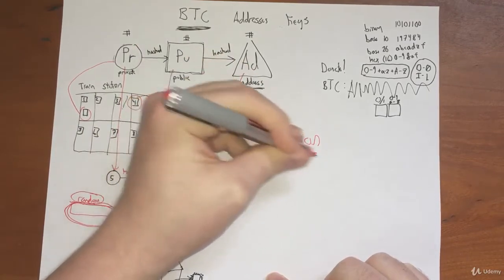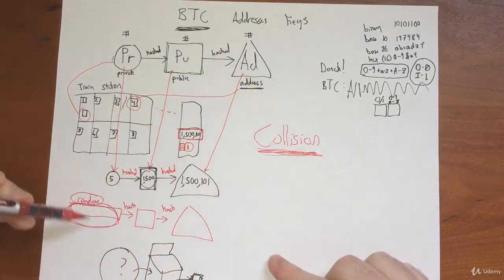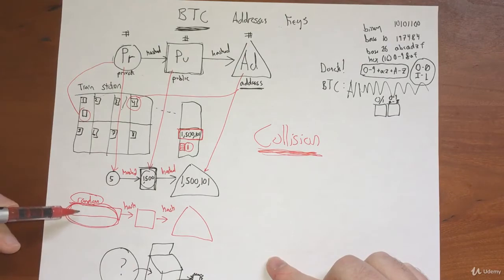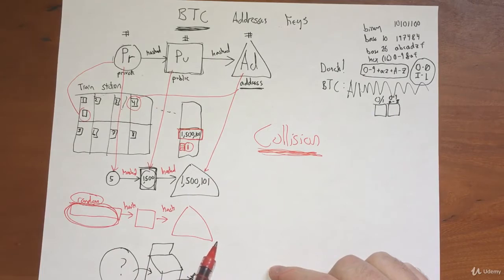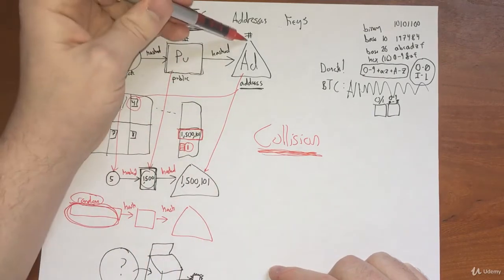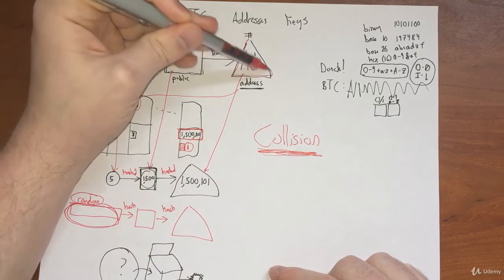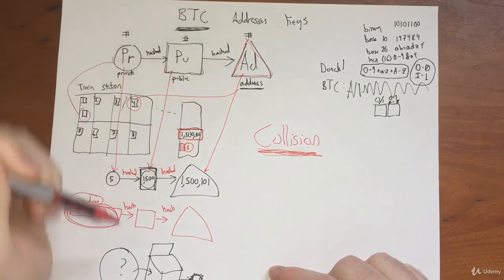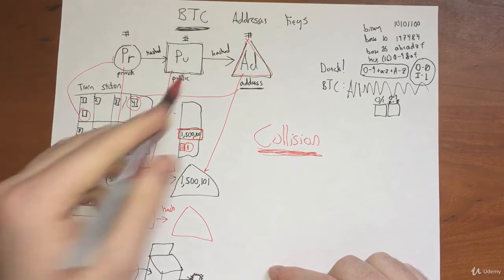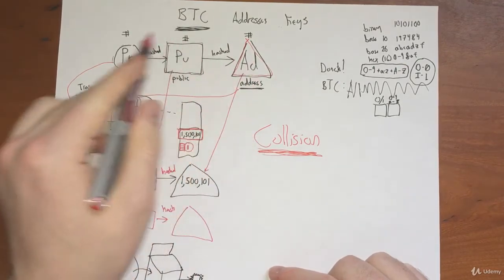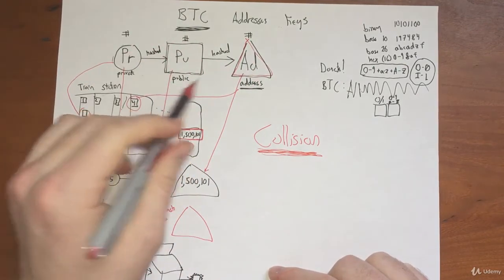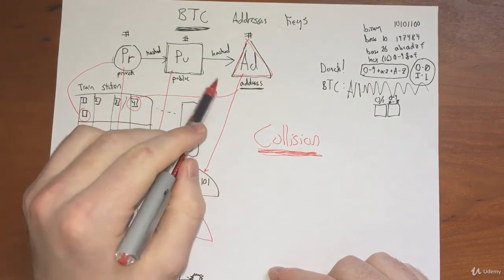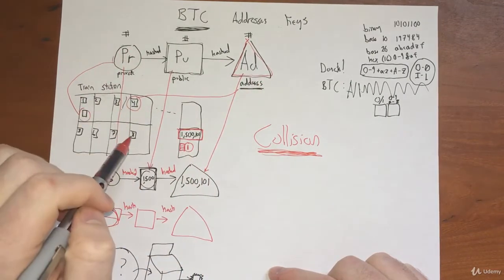It's extremely, extremely unlikely that two people are going to generate the same random number and therefore generate the same address. And so because of that, everybody will, just by using this system, start with a different private key and end up at a different address. And because there's no way to go backwards with hashing, you can give out your public address and nobody's going to be able to get back to your private key.